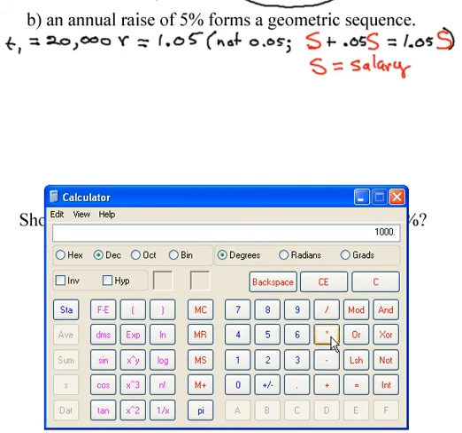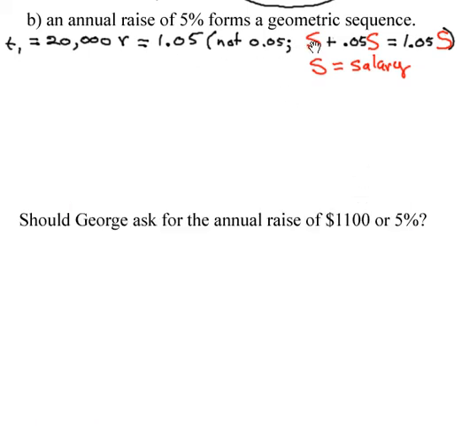We multiply that times 0.05, and you might think, wow, is his raise only $50? So that's not going to do the trick. The 0.05 would make his raise actually decrease as time goes on. So we need to include the original salary plus the raise for each term in this sequence.